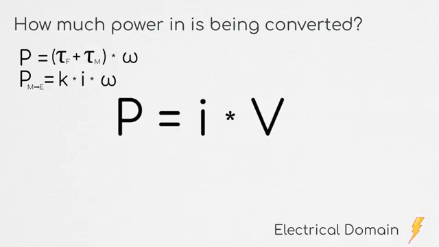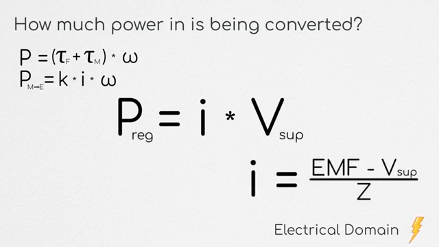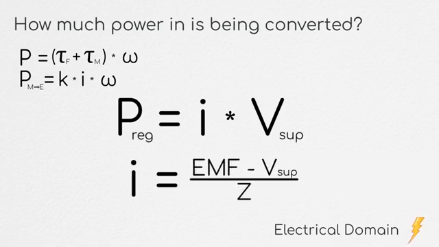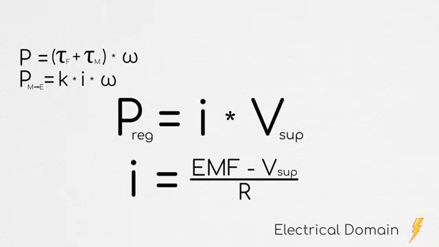Well, our voltage term will be equal to the supply voltage, and our current will be the net voltage divided by the impedance. For our analysis here, we're going to ignore any frequency components of this and simplify our impedance to just the electrical resistance of the system. So now our power out of the motor into our supply would be equal to our supply voltage times the difference between the back EMF and the supply voltage, all divided by the resistance of the system.